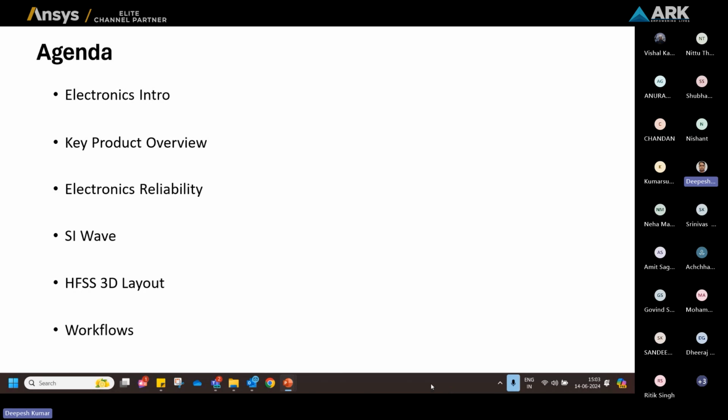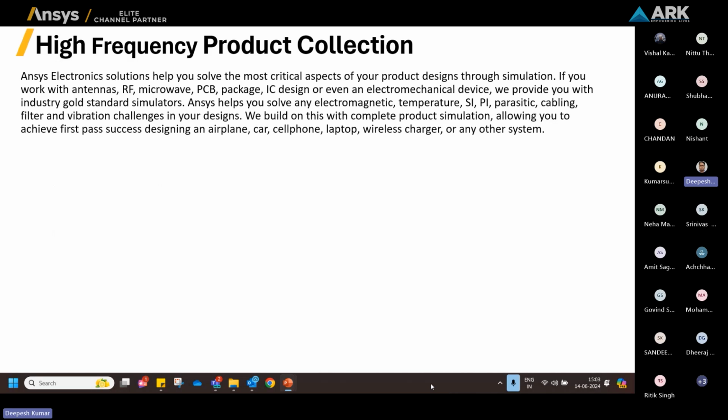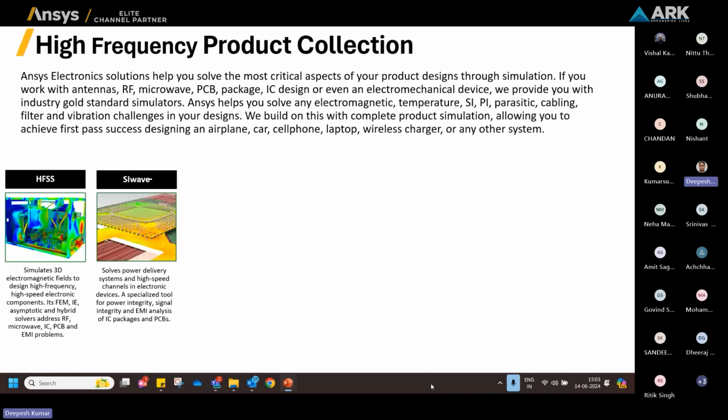So we have different products and a collection of products in our portfolio in Ansys. When it comes to very high frequency, I'm talking mostly about antennas, RF, microwave, and even PCBs. Why?